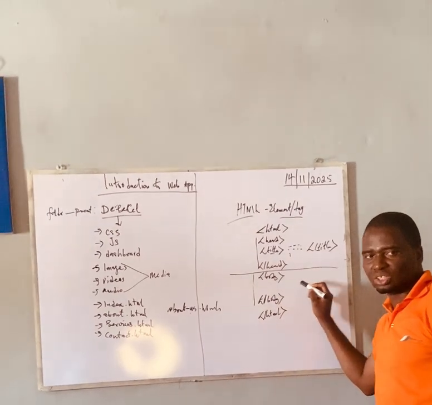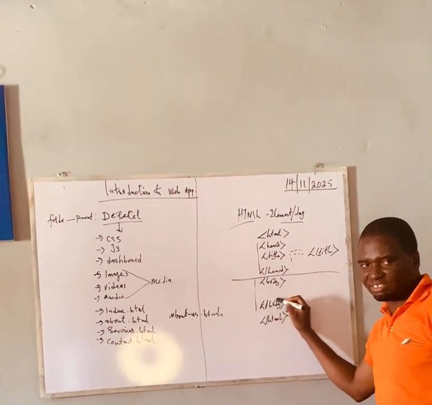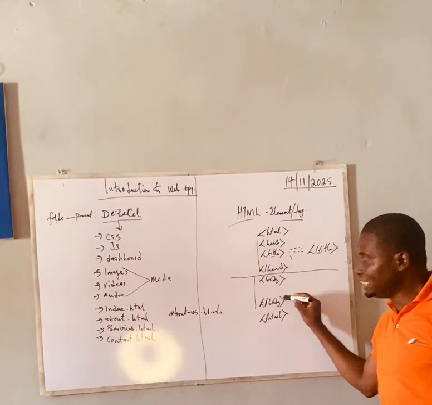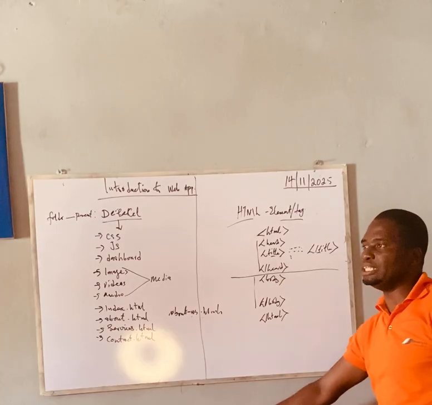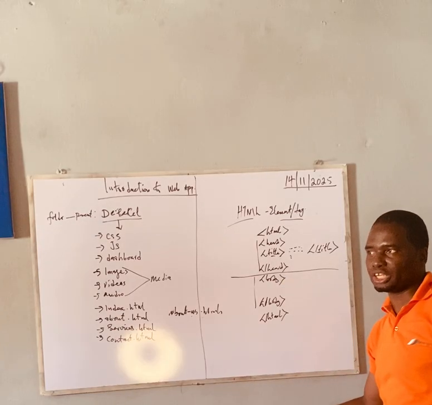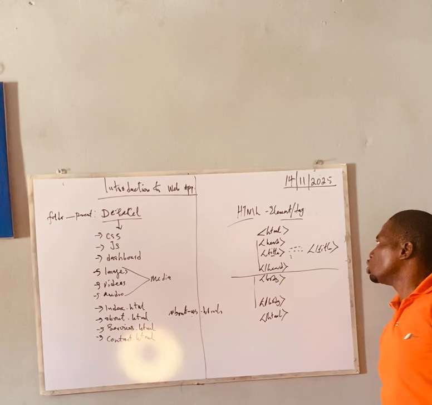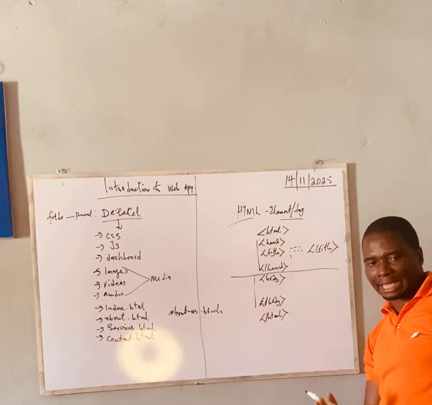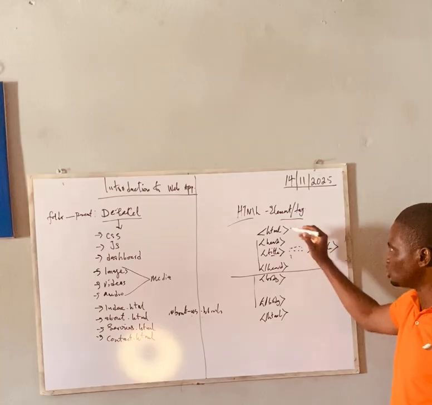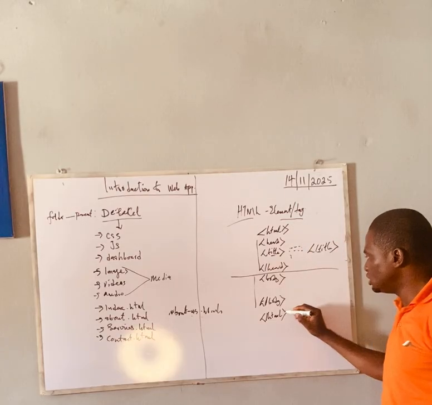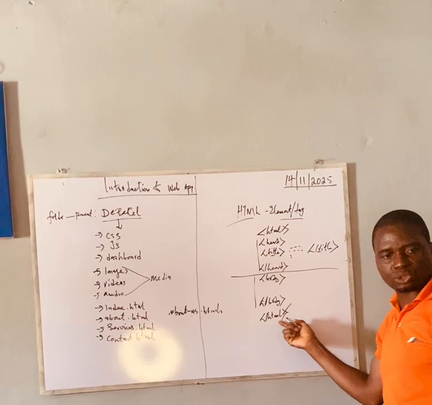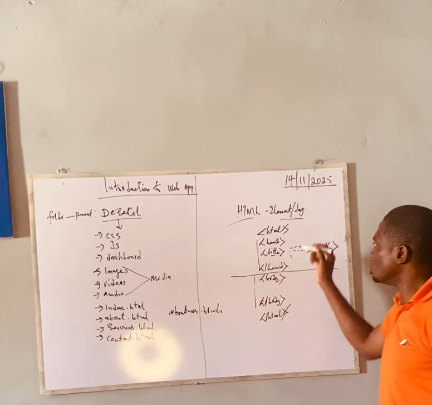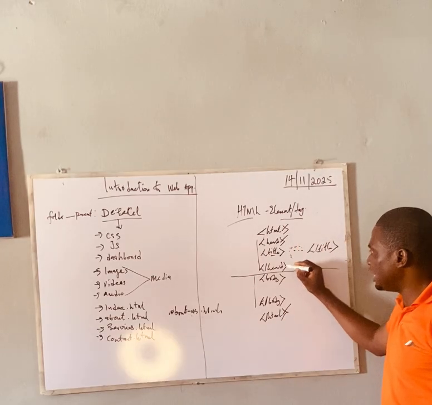Have your videos, you have your text, everything that you need to be on display in your application. Are we together? Good. So remember we said we have twin tag and untwin tag. Pay attention. You see, HTML open, HTML close. That means this one is a twin tag, right? Good. Head open, head close.